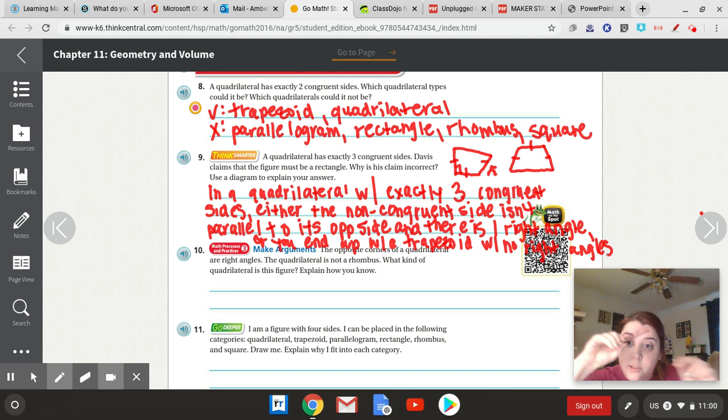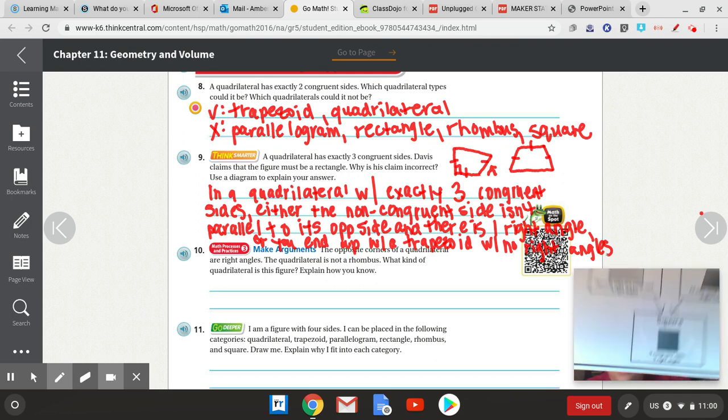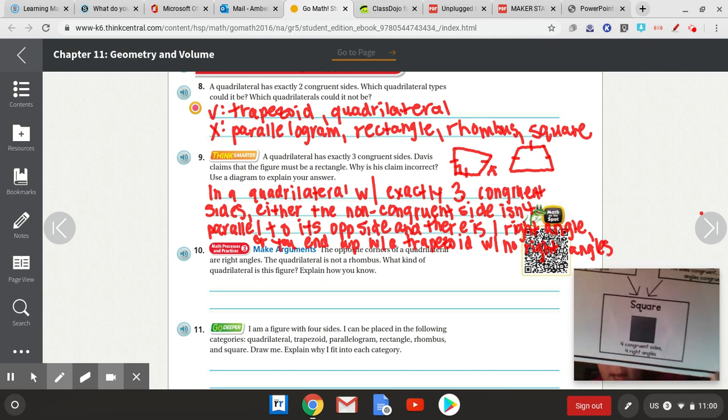Number 10 says the opposite corners of a quadrilateral are right angles. Quadrilateral is not a rhombus. What kind of quadrilateral is this figure? Explain how you know. I know you're thinking immediately, okay, right angles, it could be 2 things. Wrong. It cannot be a square. Why?